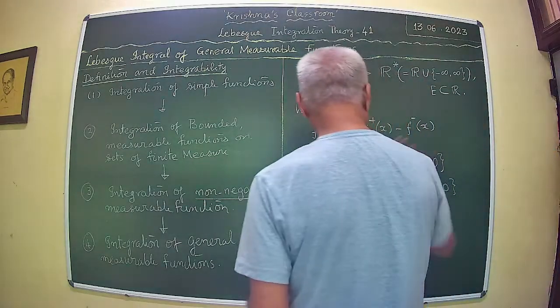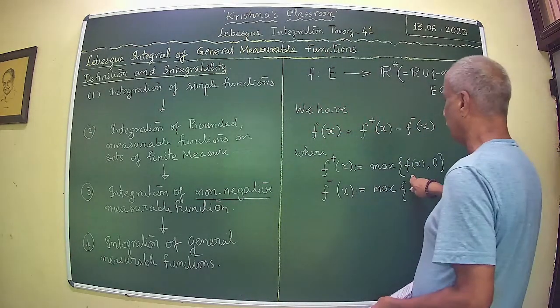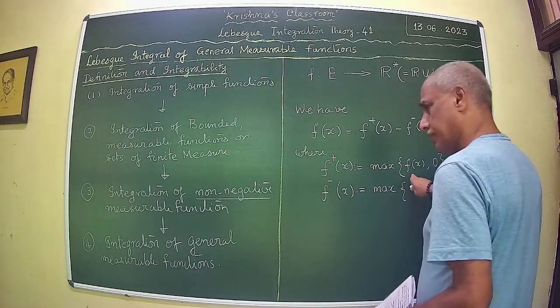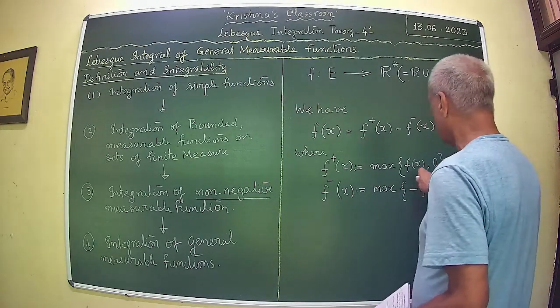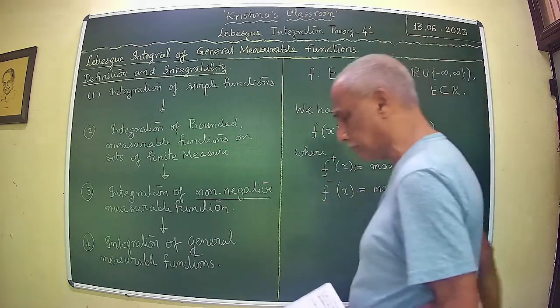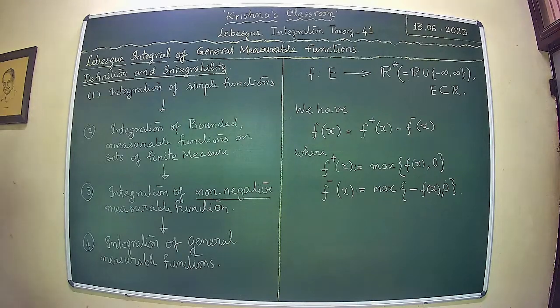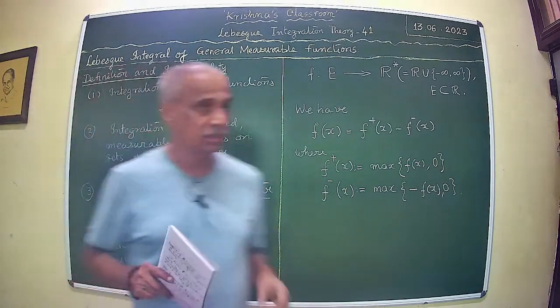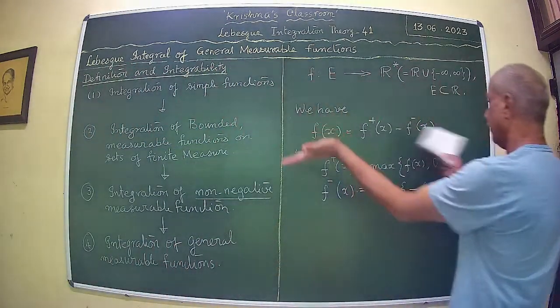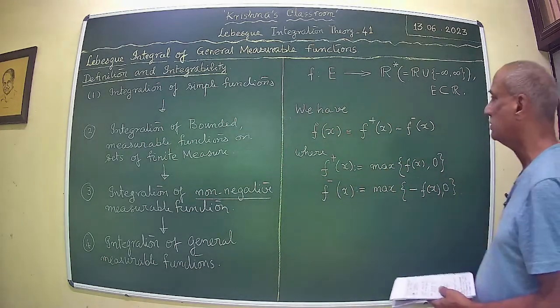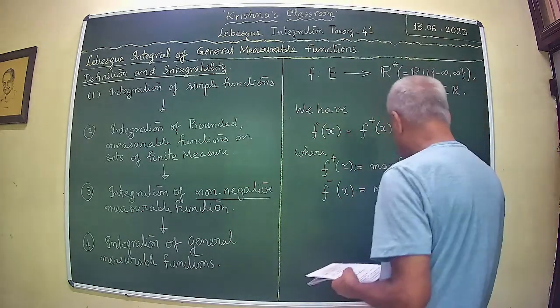I mean these are well defined. When you take the maximum, this could be plus infinity. So f plus and f minus may take value plus infinity also. And then you see that f(x) is equal to f plus of x minus f minus of x. That's quite easy to see.